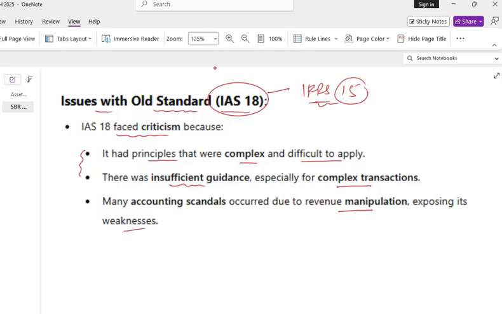These are the three problems because of which IAS 18 was replaced with IFRS 15.